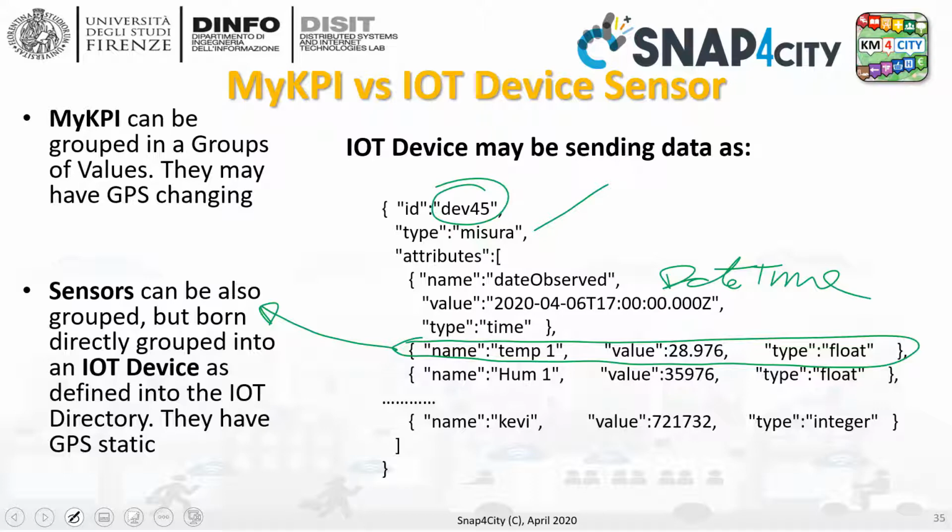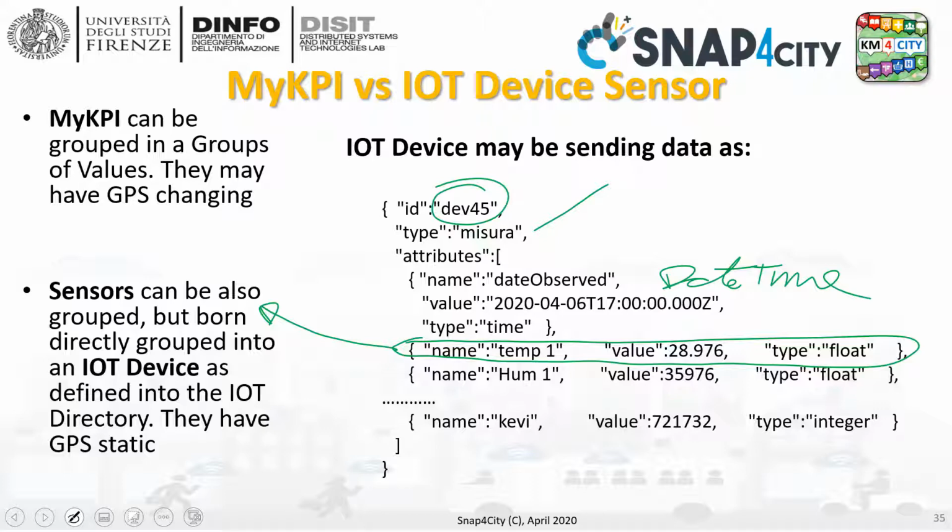So this means that a device has a one-to-n relationship with the sensors. For each device, you may have multiple sensors. For each MyKPI, you may have only one value, and in both cases, the values change over time.